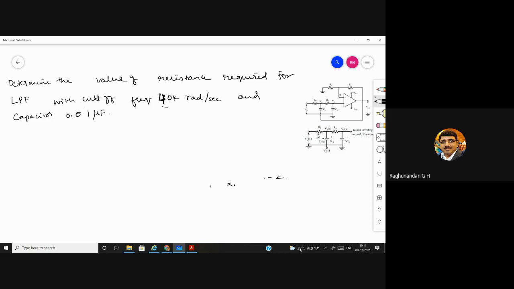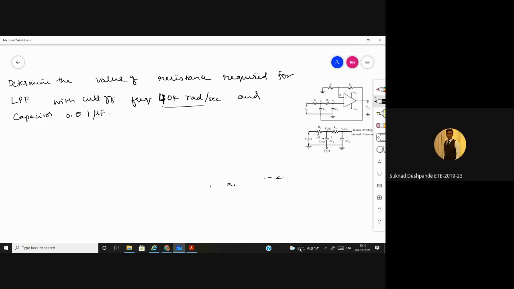So what is this 40k radians per second? Oscillation? No, what is it actually?